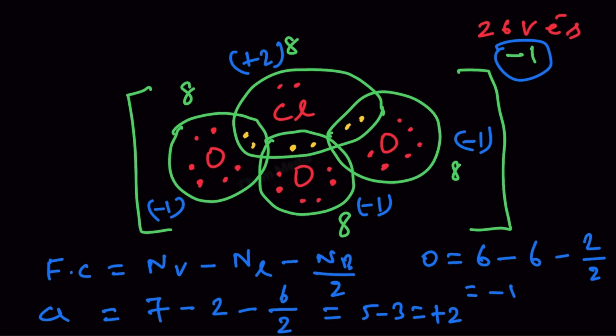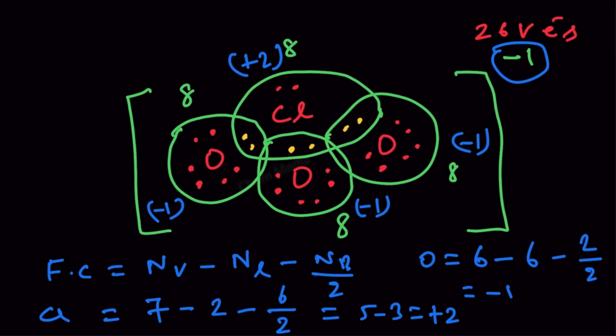This is not the best Lewis structure, because in the best Lewis structure, the formal charges have to be close to 0, so that the structure will be most stable. Therefore, let us bring 2 lone pairs to the bond pairs from 2 oxygen atoms, so that we can reduce the formal charge of chlorine to 0.